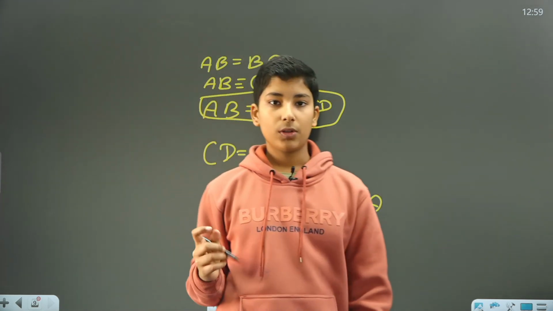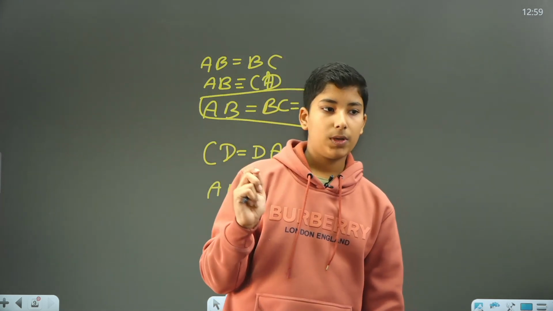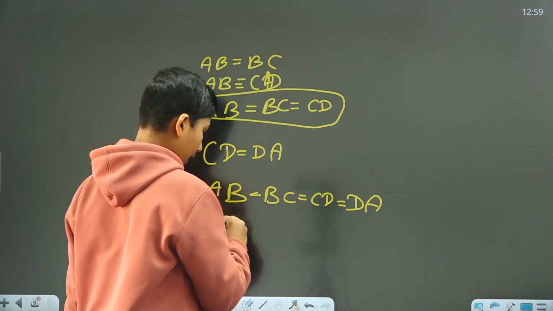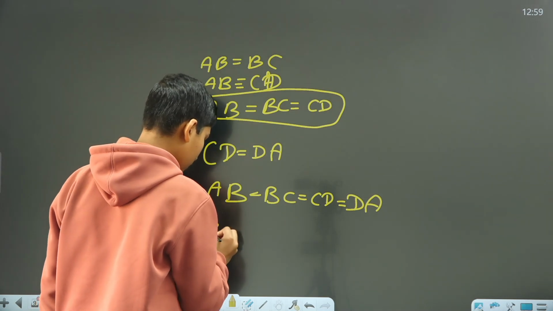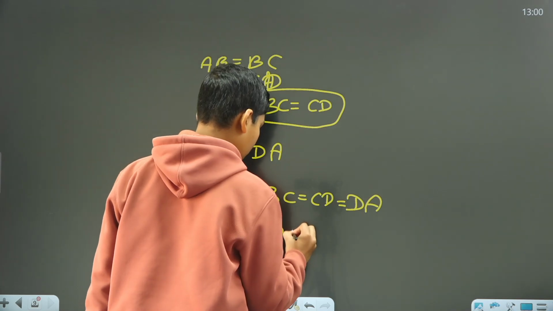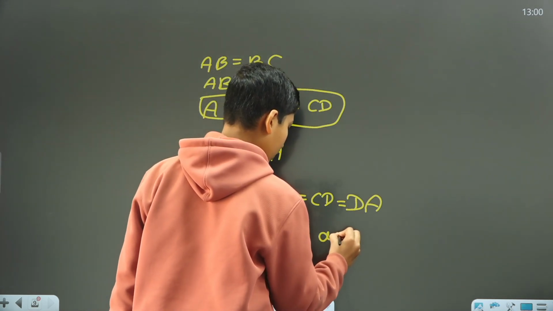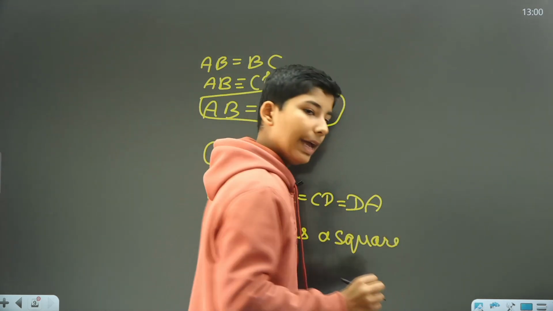And we know that any figure having all the sides equal is a square. Therefore, ABCD is a square. Hence proved.